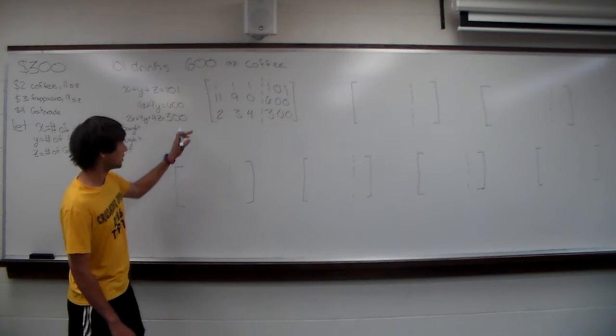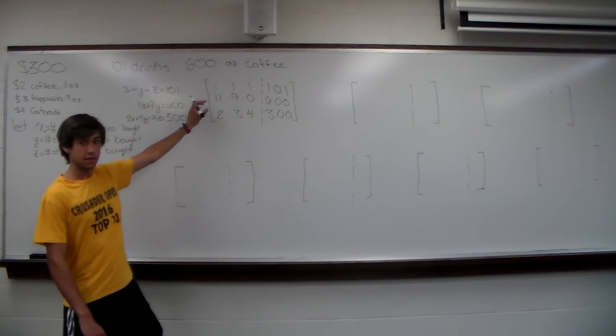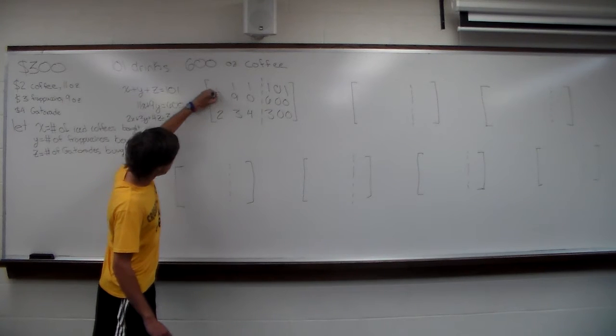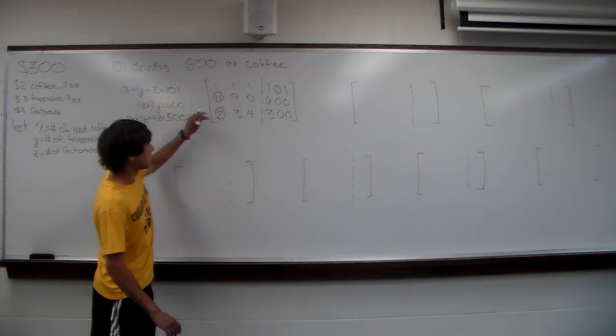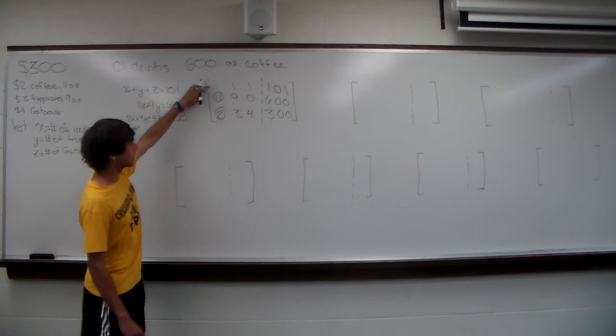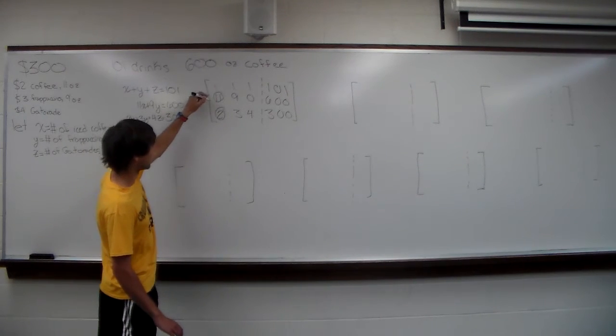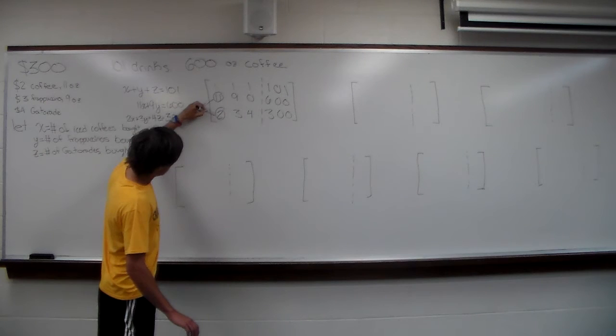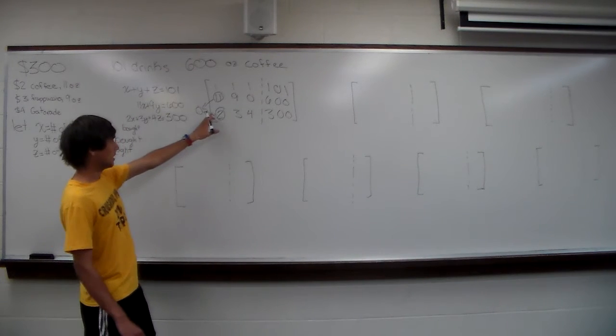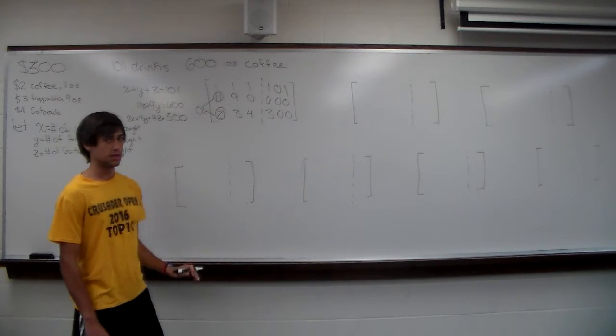So now what we want to do is get zeros in this position here and this position here. We would usually try to get a 1 in this position, but as we already have a 1 there, we don't need to worry about that. So we're going to get these 2 positions to be a 0.